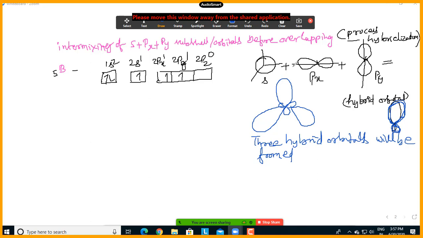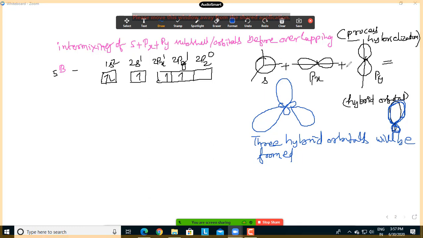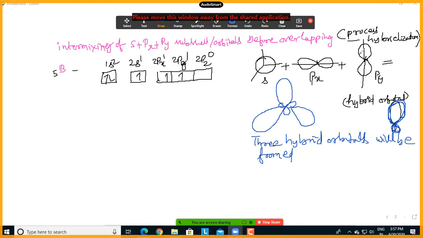Because three orbitals are taking part in hybridization. If you mix 10 ml, 10 ml, 10 ml, you will get 30 ml only. Suppose you mix 10 ml of red paint with 10 ml of white paint and 10 ml of yellow paint, you will get 30 ml only. The total will be the same. So three orbitals are mixing, so definitely three hybrid orbitals will be formed.